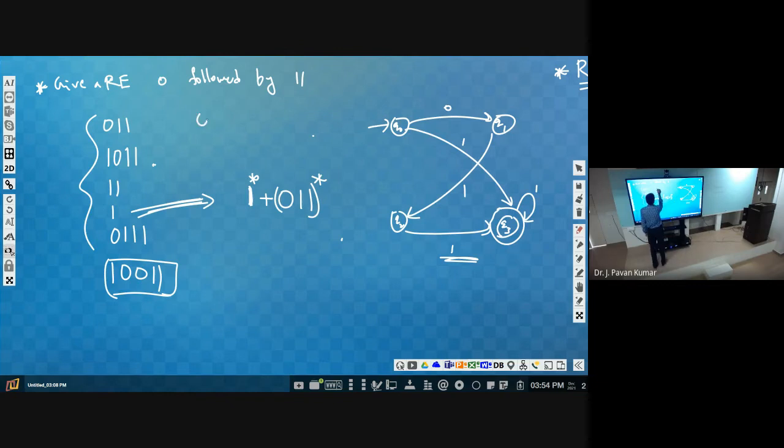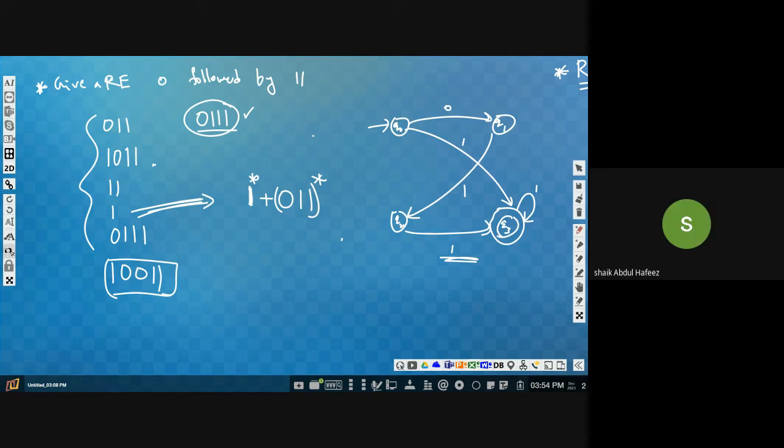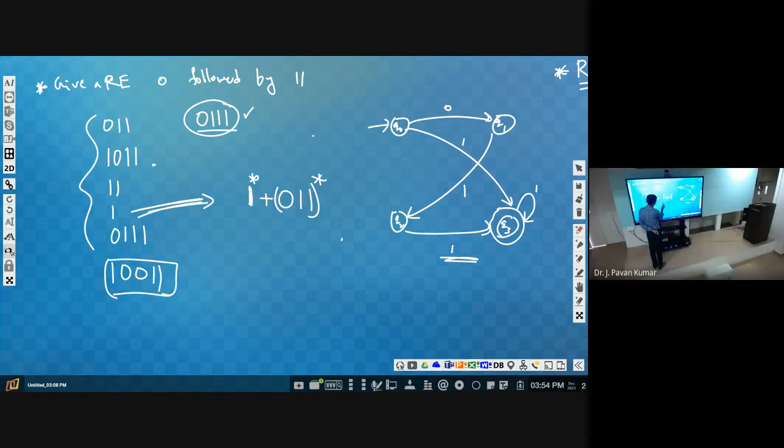Now, if I give 0 1 1, 0 1 1, is this allowed or not? Actually, it is allowed. But is it satisfying here? No. Now, just try to refine it. Then you will get it.